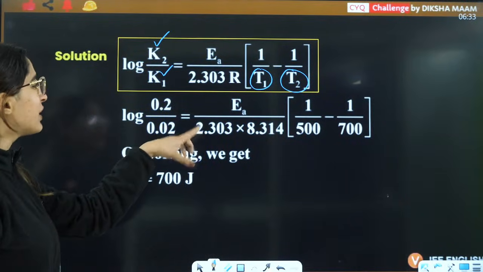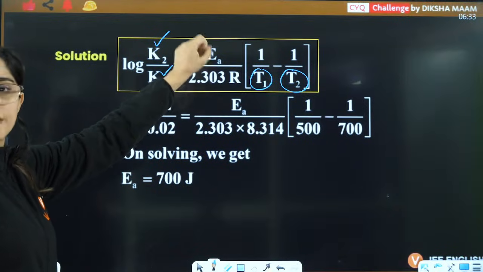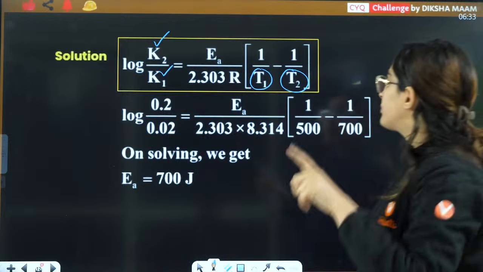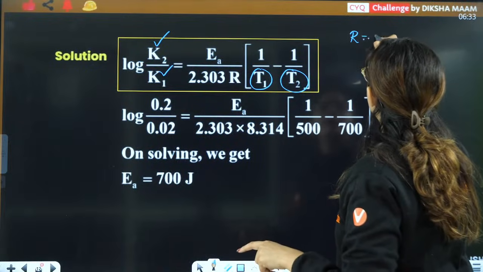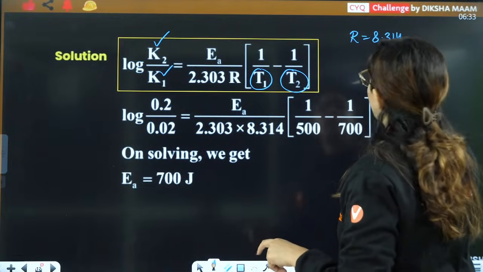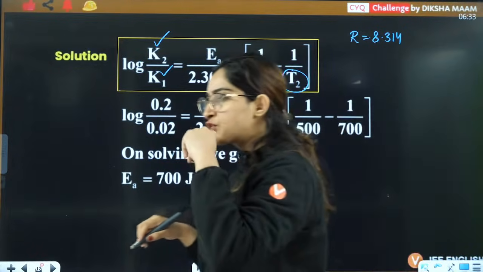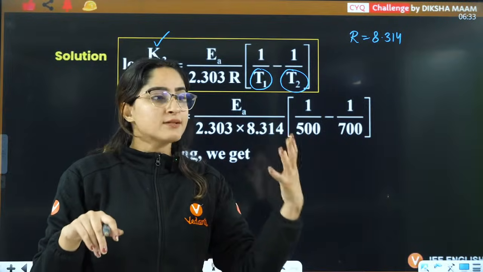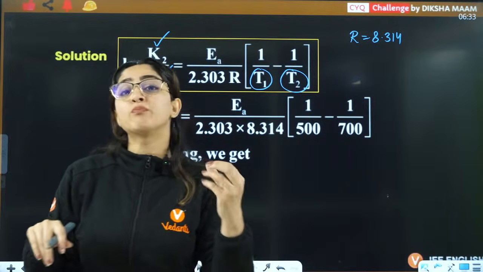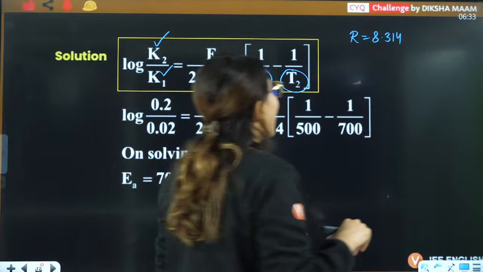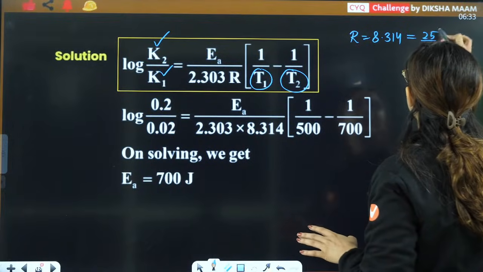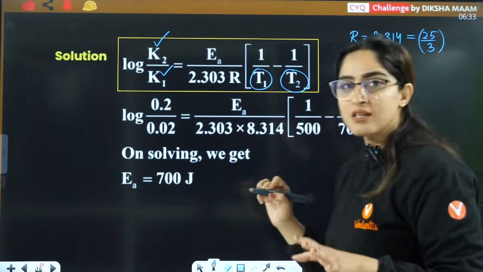What is the value of R here? Because see, here we are talking about energy. Whenever we are talking about joules, energies, then we put the value of R as 8.314. If you remember in the solution chapter, I put it as 0.0821. Whenever things are in pressure, volume, we put it 0.0821, and here 8.314, you can write it as 25 by 3 to make the calculation easy for you.